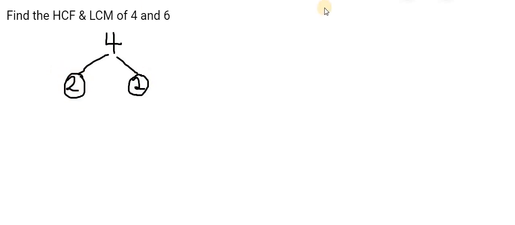Okay, now I take 6. 6 is an even number, so I know 2 is a factor. The number that goes with 2 to make 6 is 3. They're both prime numbers, so I circle them.